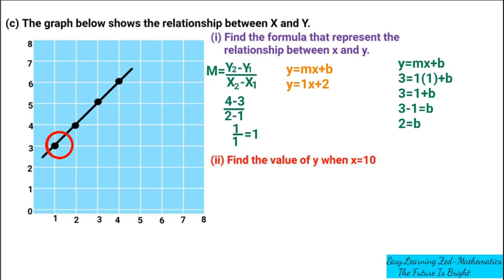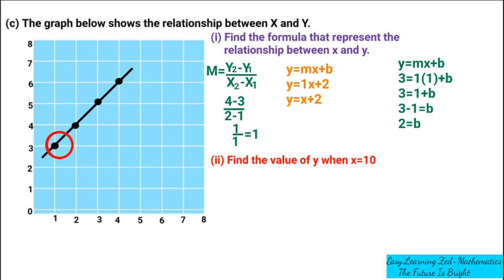Now we can simplify 1x: 1 multiplied by x will give us x, which is plus 2. So that is the formula for the relationship between x and y, which is y is equal to x plus 2.